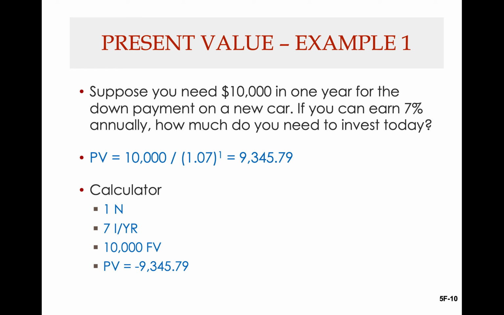If you're dealing with investing, then your present value should always be with a negative sign, and your future value will be with a positive sign. If you're dealing with borrowing, then you will enter your present value as a positive number, and your future value will be with a negative sign.